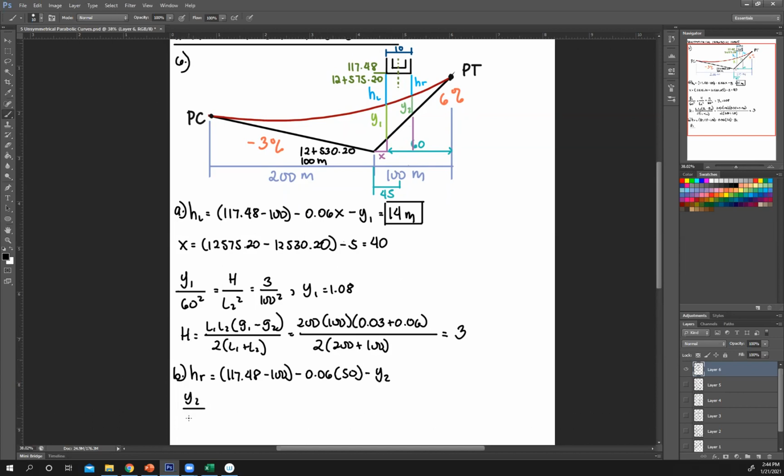And y2 is easy since I've already solved for h. So y2 over horizontal offset, it's this length. So if this is 50, this is 100, and therefore this is 50. 100 minus 50 equals h3 over 100 squared.